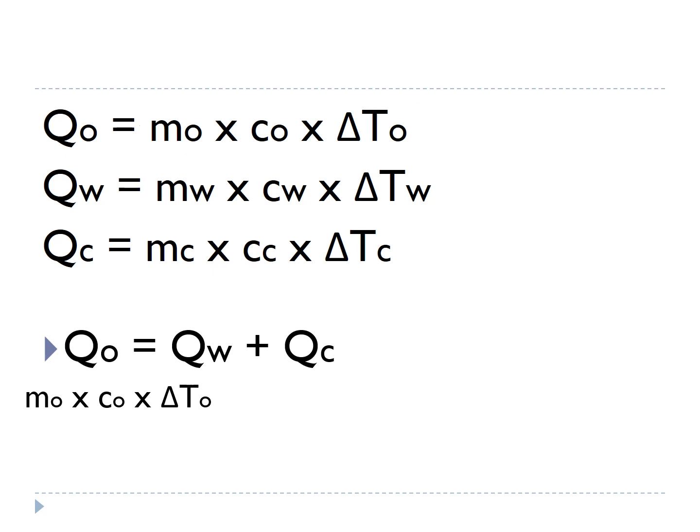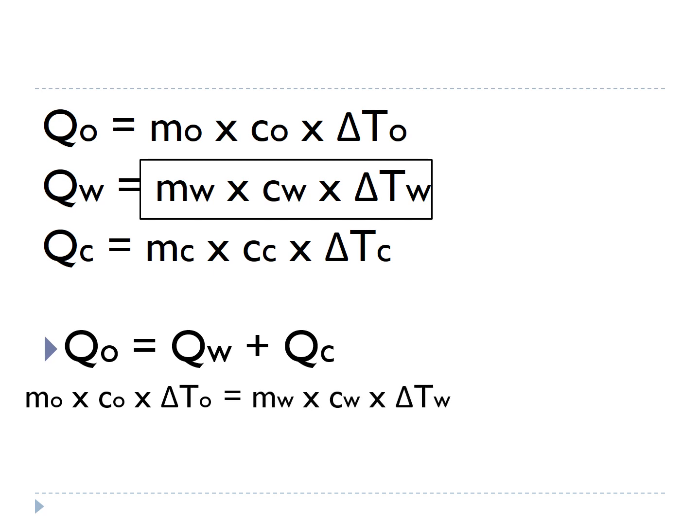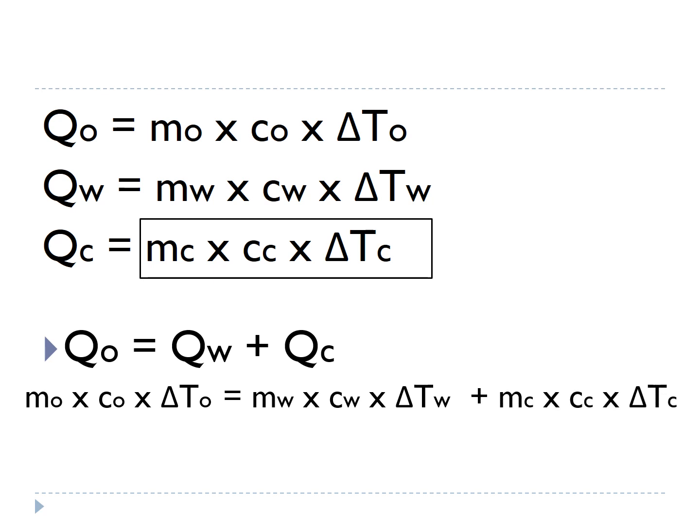Is equal to, what is Qw? Qw is Mw into Cw into delta Tw, that we will write. And what is Qc? Mc into Cc into delta Tc, and that we are going to write here. Okay, so this is an equation which tells us that however much the object has lost, that much only the water has taken and the calorimeter has taken. I hope this is clear.